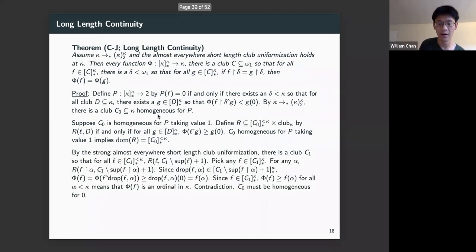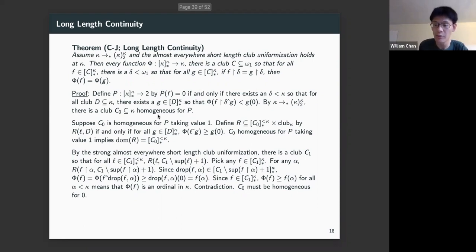Now, apply the club uniformization to this relation R. This gives us a club C1, so that for any L in C1 to less than kappa, the club C1 above the sup of L is a club which is associated to L with respect to this relation R.